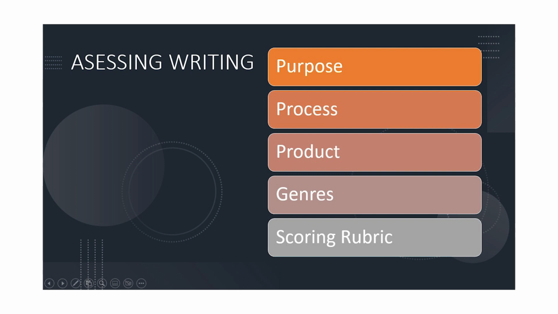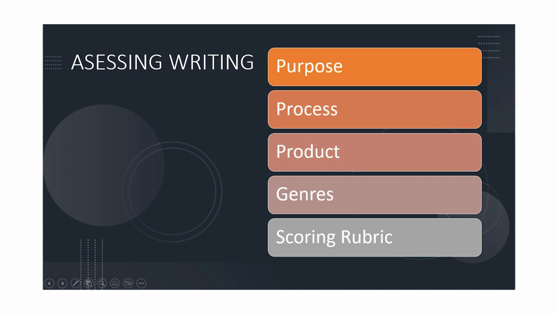Then the teachers need to show the students first the scoring rubric. This scoring rubric is very important so that our students understand what they are going to be assessed on. For example, there is a component of content, so students need to pay attention to the content of their writing.